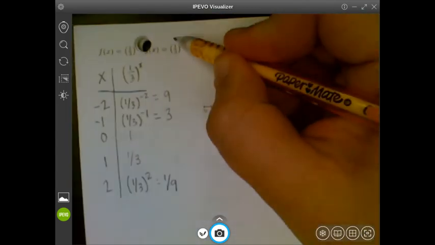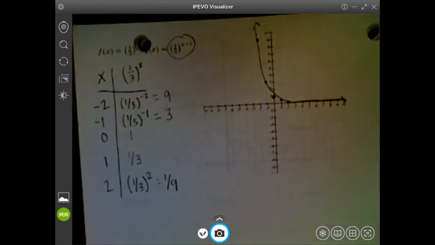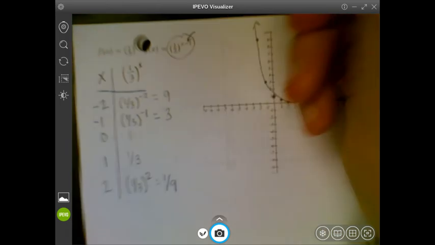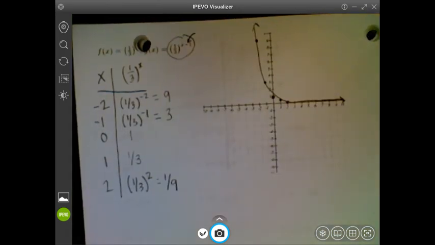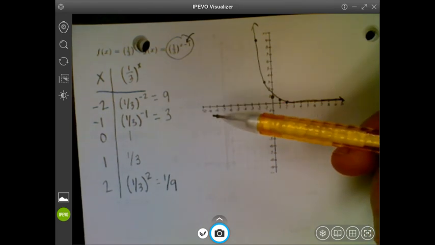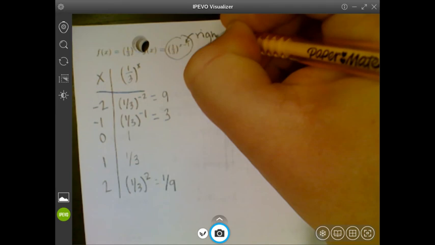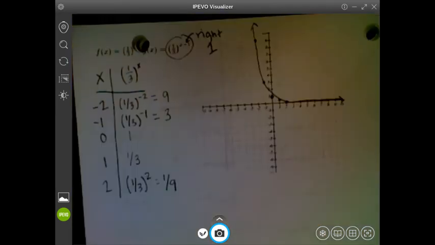Now, the graph that they wanted us to graph is 1/3 to the x minus 1. And so that -1 is in the exponent with the x. And so that's going to move it either to the left or the right. And so you have to remember, because of the -1, we want to say it goes to the left, but technically everything with x is backwards. So this moves it to the right 1.